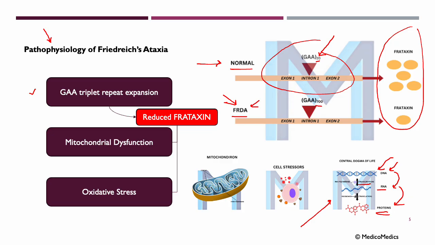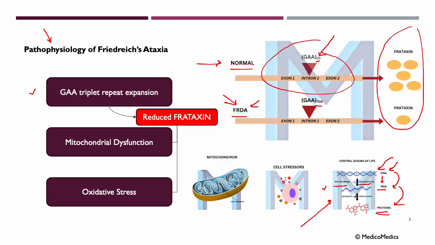And due to these loops that occur due to the GAA repeat, and due to this silencing that happens, we will have RNA polymerase stalling. RNA polymerase is what reads the transcription from DNA to RNA. So it will lead to RNA polymerase stalling, therefore a reduction in the amount of functional FXN mRNA production.